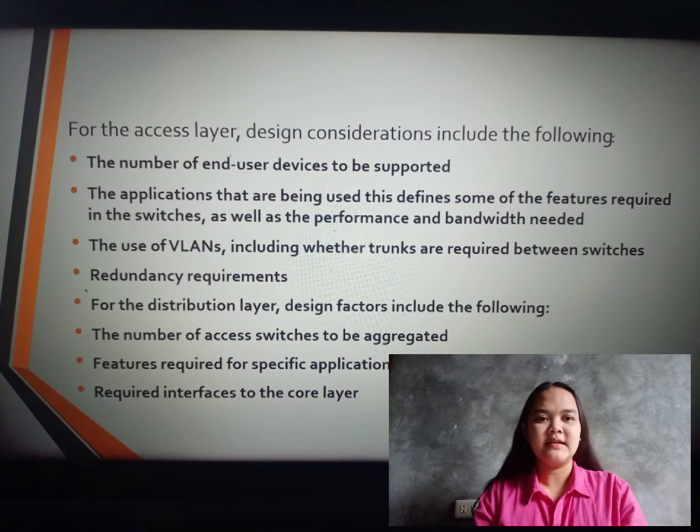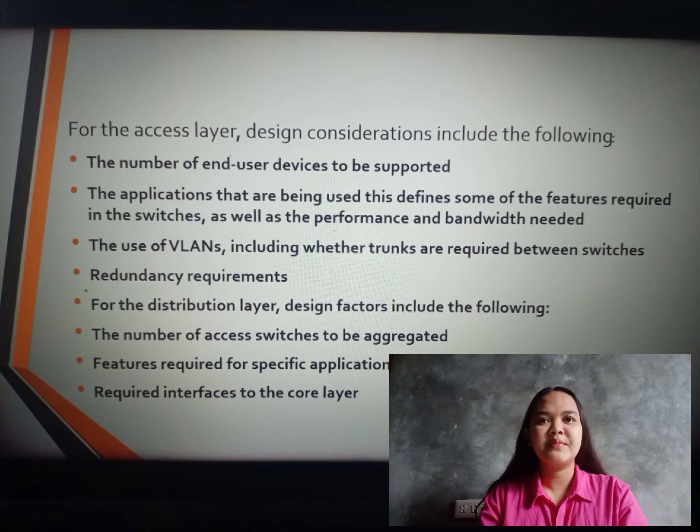For the access layer, design considerations include the following: the number of end-user devices to be supported and the applications that are being used. This defines some of the features required in the switches, as well as the performance and bandwidth needed.